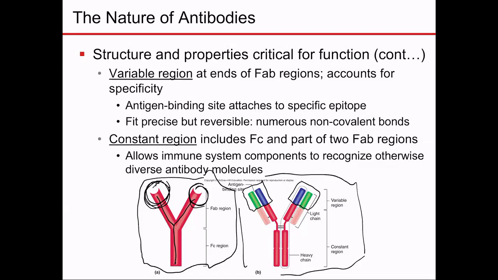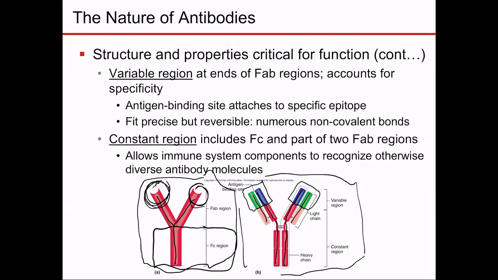Okay, so now the ability of an antibody to communicate with other components of the immune system is usually mediated by this other region that you see here, the Fc region of that antibody. The antibodies are typically made of these basic structural units that you see here, each with two heavy chains and two light chains.